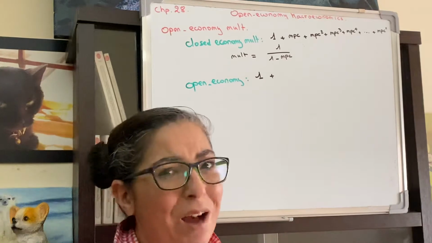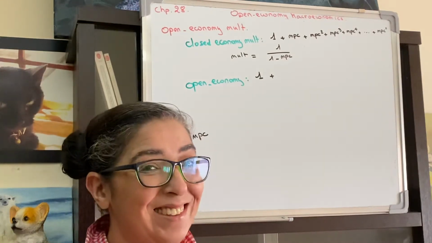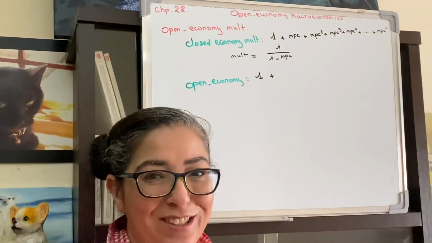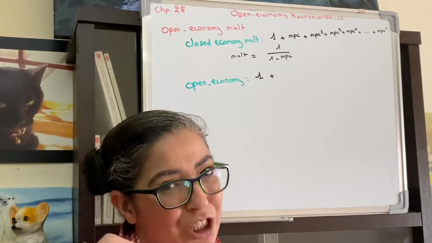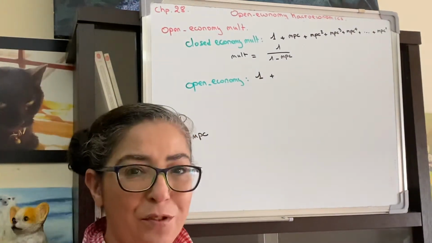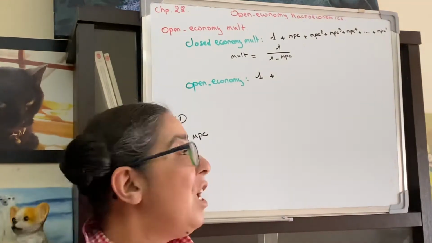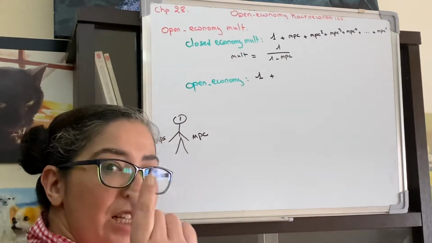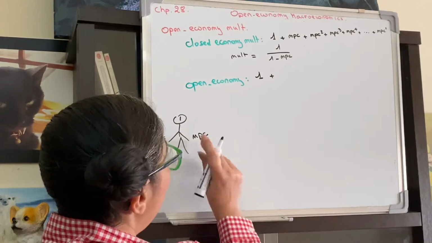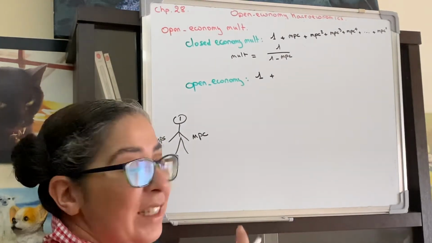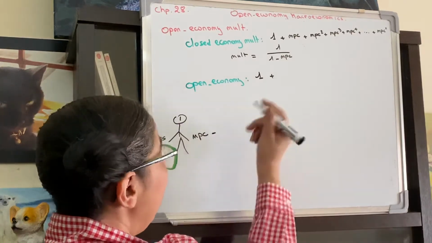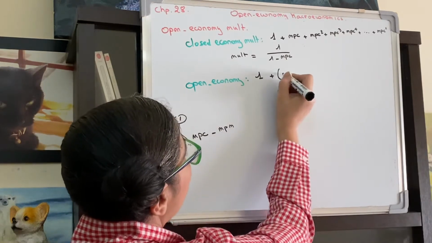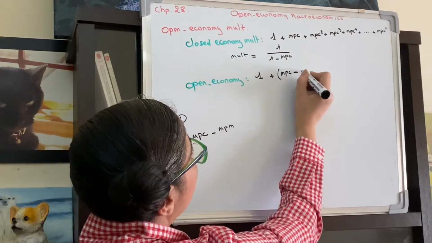Here, we buy a lot of Spanish goods. So those Spanish goods for food, those Spanish goods that we buy, they're not going to be counted in our GDP. They should go to the exports of Spain. So we need to take them out of our consumption. So it's MPC minus the percentage that was imported. That's what I'm going to add in the GDP. Minus MPM. So here it's going to be MPC minus MPM.